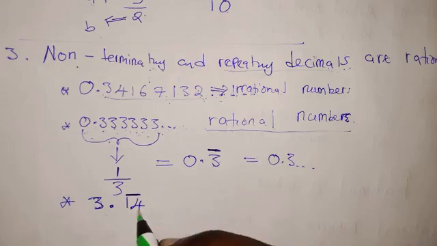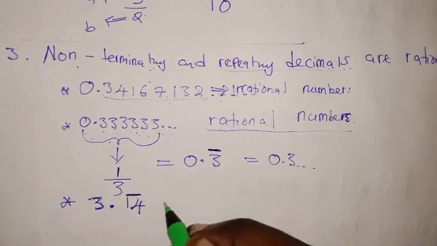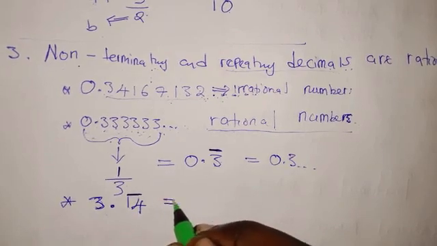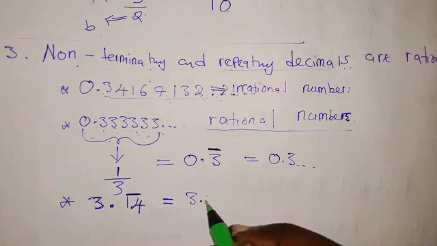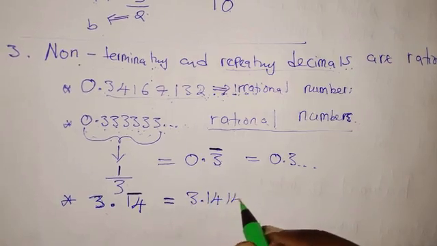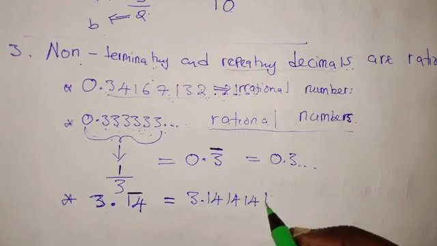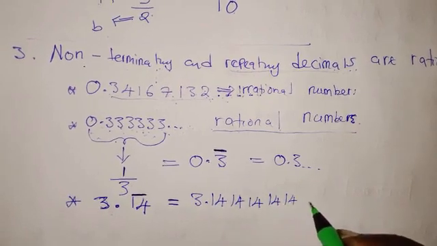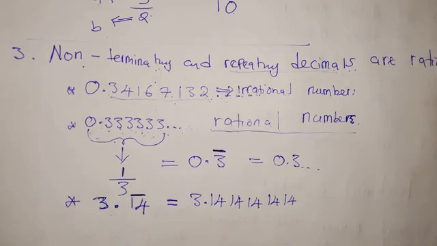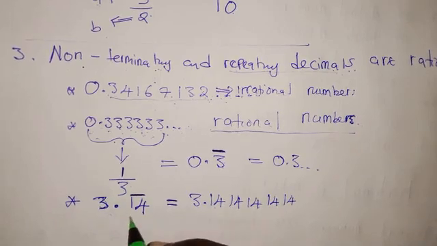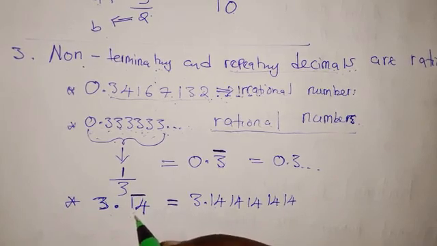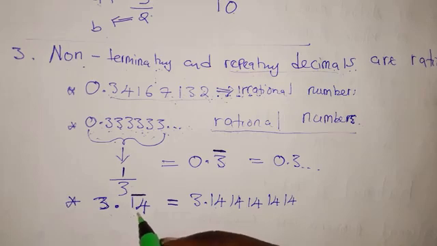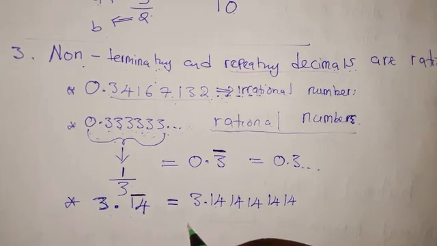It means that the 1 and the 4 are the ones which are repeating. So this is the same as 3.1414141414 until you don't know. It means that the 14 is a repeating decimal in this case.